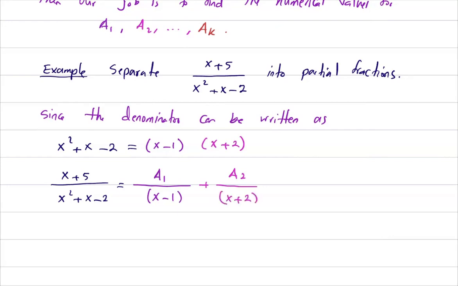So how do we find a1 and a2? To find a1 and a2, we need to take common denominator.